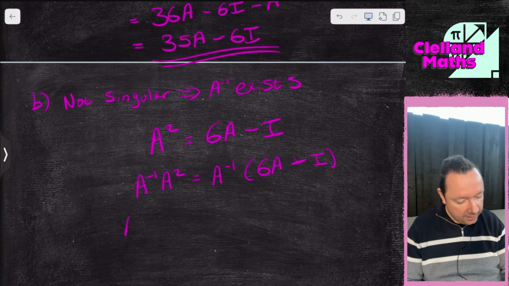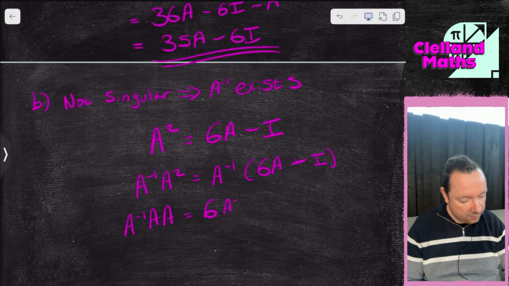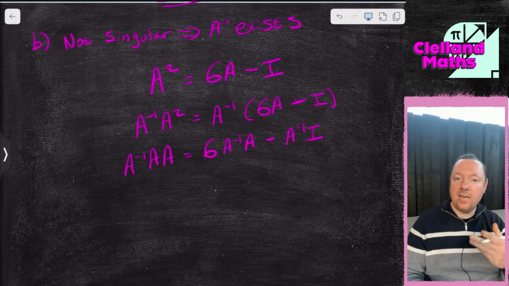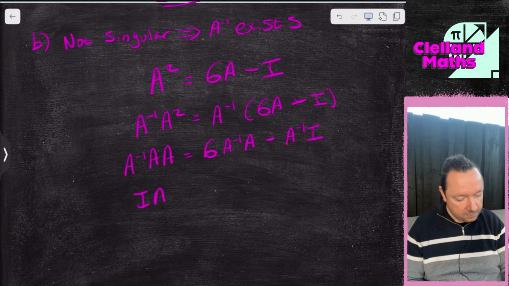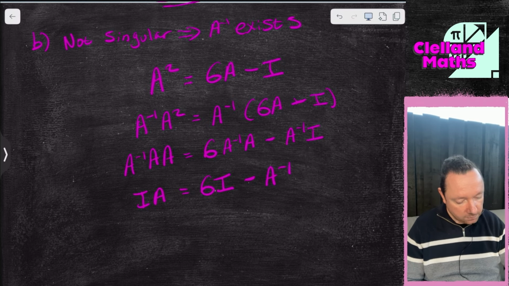So that gives me A inverse A times another A. And that gives me 6, doesn't matter about 6, A inverse A minus A inverse I. But anytime you see A inverse A, that's just I. So that's just IA equals 6I. And then I times a matrix is just the matrix itself, so A inverse.